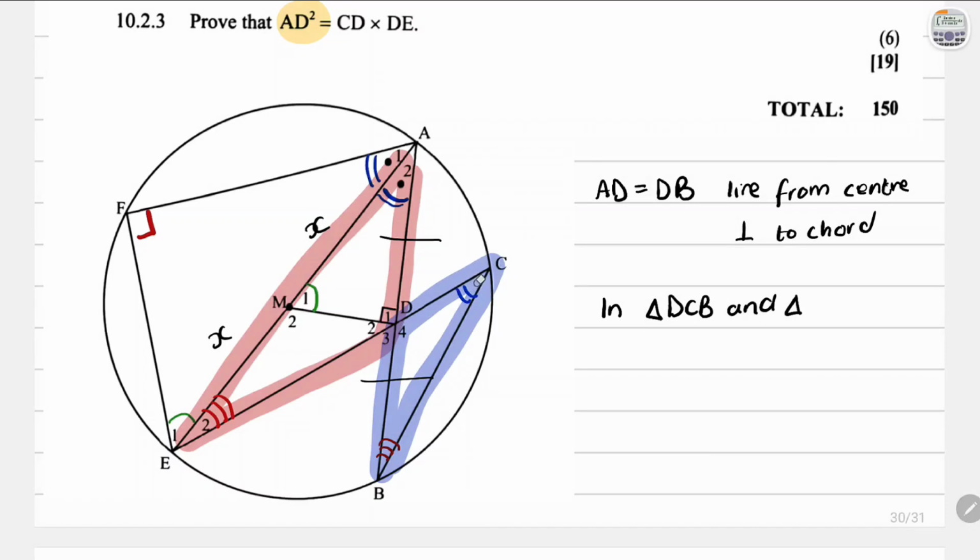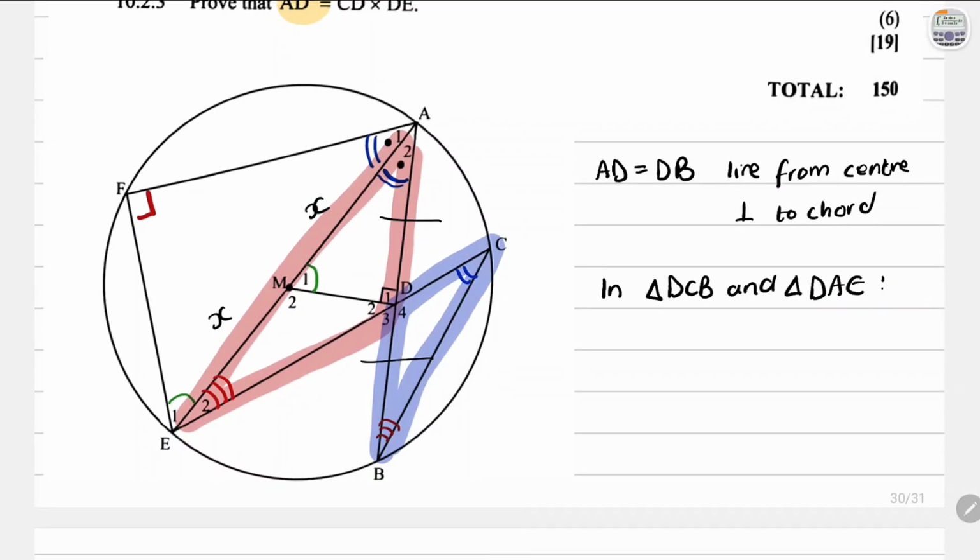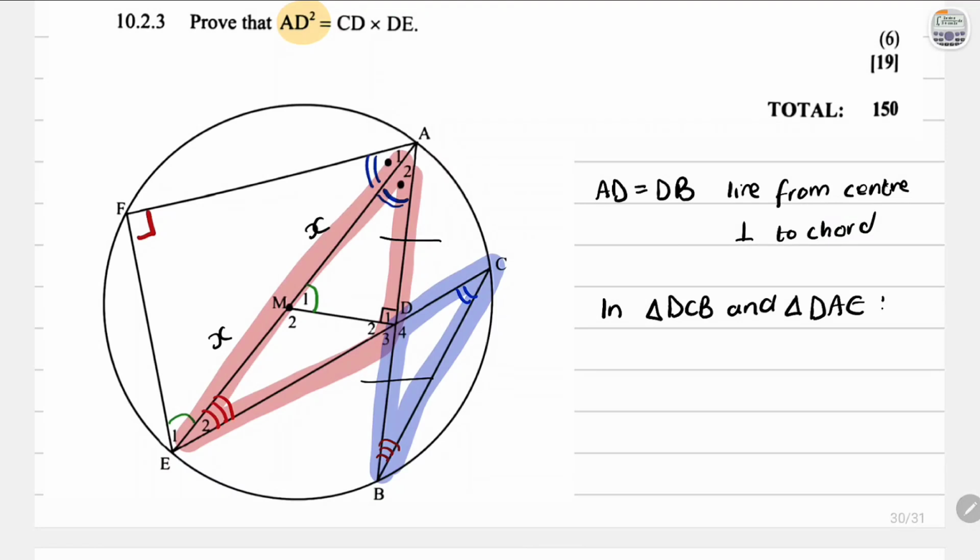Now the angle at the circumference of the red triangle is angle A2. That's the one that is equal to angle C. So we have to call this DAE. Okay, now that that is there, we can start proving. So we can tell them that angle C is equal to angle A2 because angles in the same segment are equal.